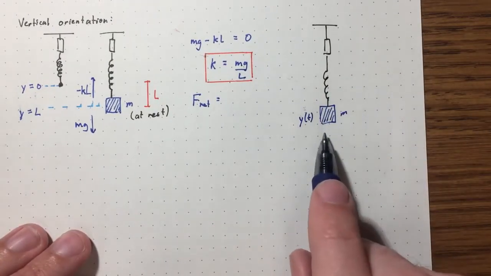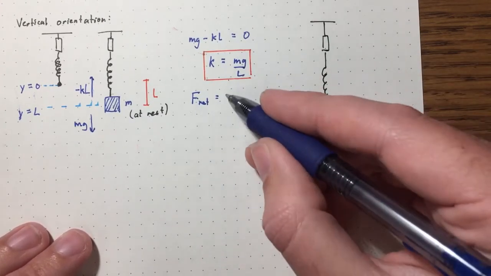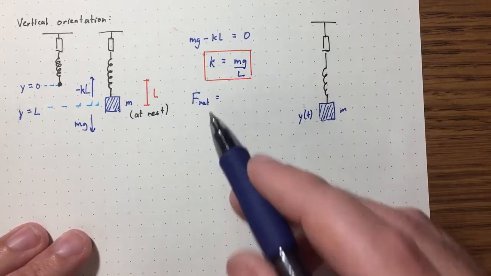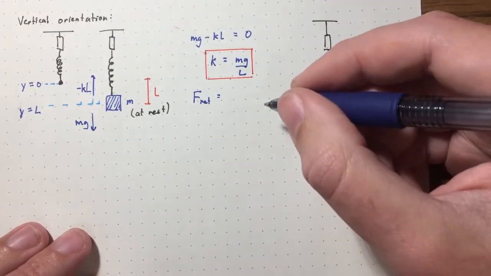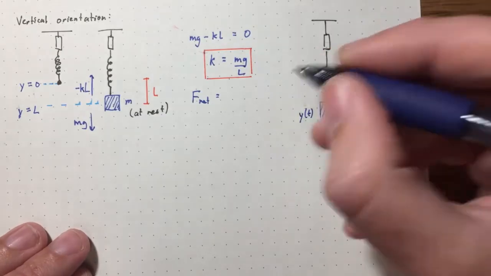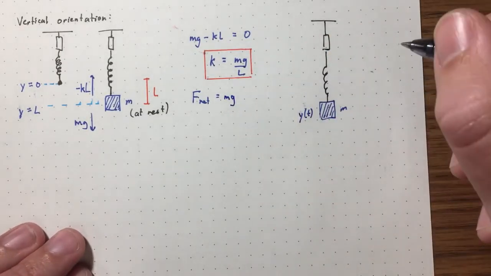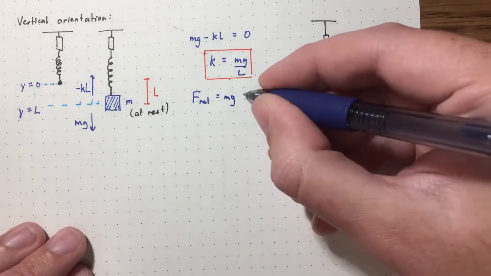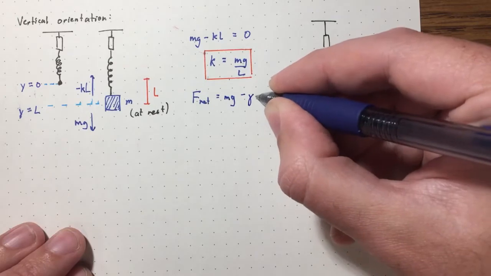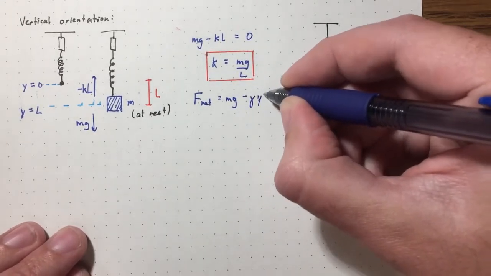And it could be moving, right? Or it could be sitting still, but what is our net force going to be in any situation, right? So again, we have a downward force due to gravity. That's mg. And we have a damping force. That's minus gamma times the derivative of y, so minus gamma y prime.